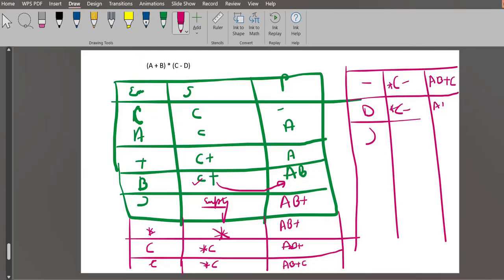Now in the stack, multiply is here. So how will minus come? Minus has the lowest precedence as compared to multiply. But in between these two, we have a bracket. After the bracket, you are inserting minus, so that is okay.